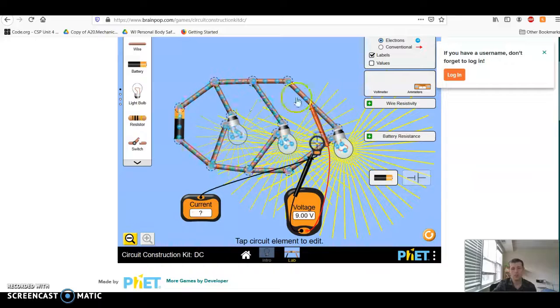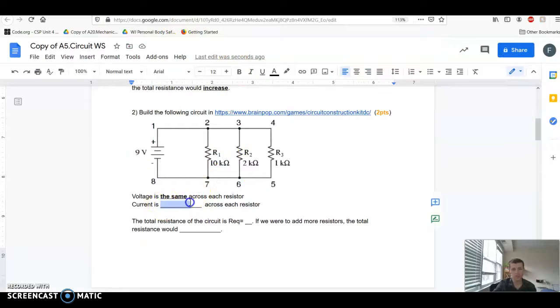If you were to add those 3 figures in the center up, you would get the 14.4 figure that's coming back to this battery. So what's happening? Well, in this case, the actual current is going to be the thing that changes depending on resistance. The greater the resistance, the lower the current that you're going to get through that component. So current is going to be different across each resistor depending on the resistance.